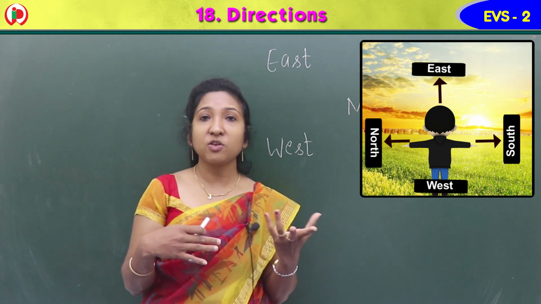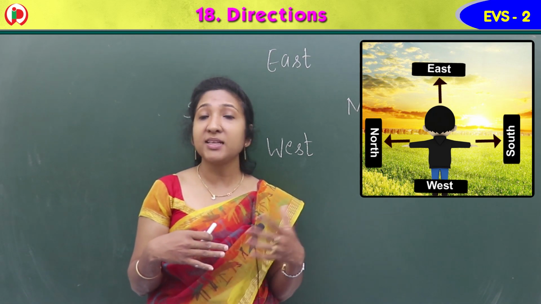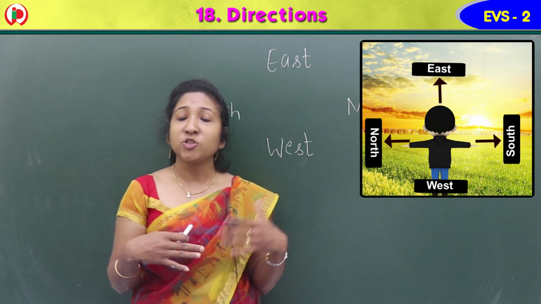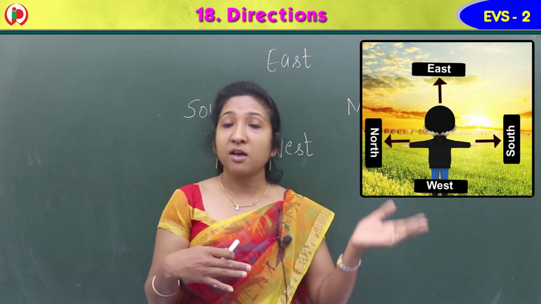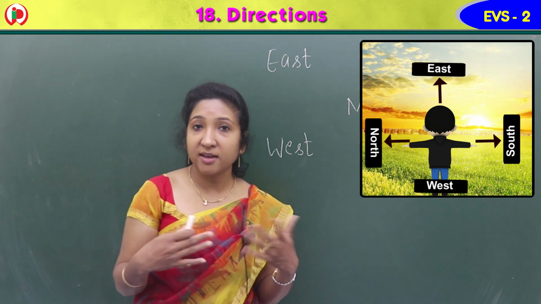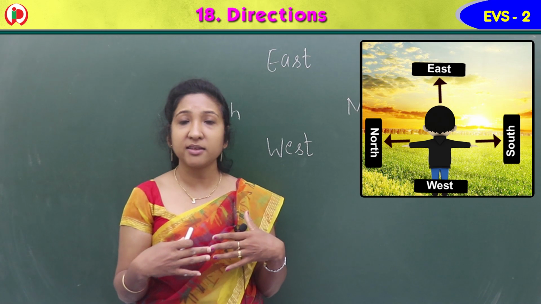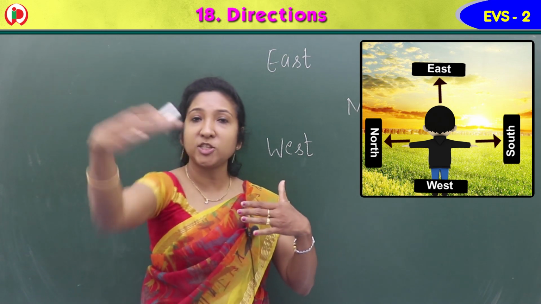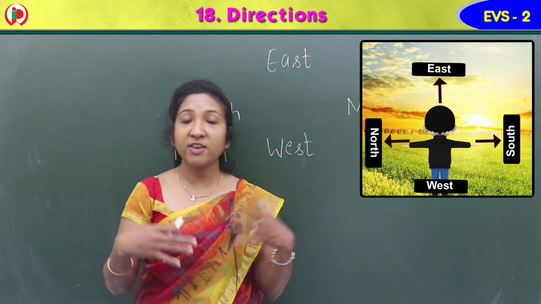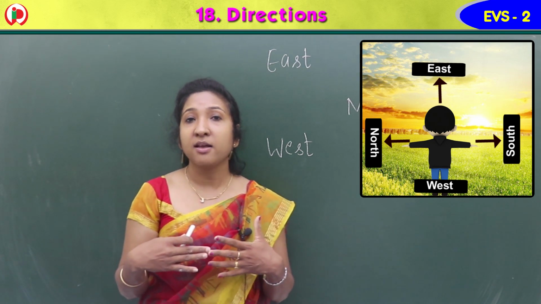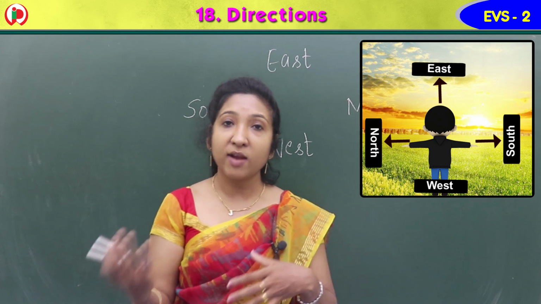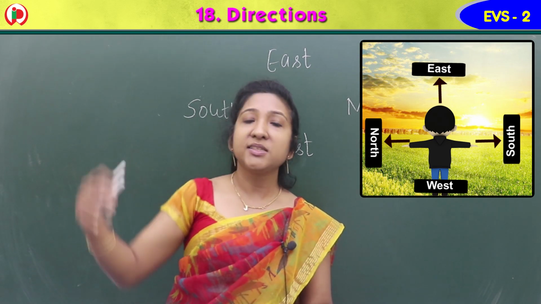So if I ask you which neighbor is staying beside your home, or to the left side of your house, whose house is there? You can tell, isn't it? In front of your house, who is staying? Front means opposite to your house. So we use these kinds of words to tell the direction: opposite, left, right, up, down.